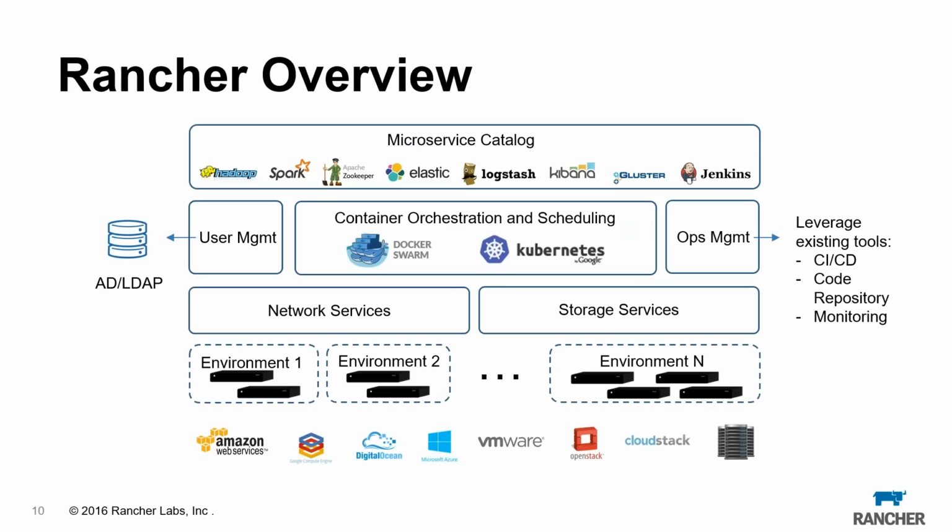If you think of Rancher, the best way to think of it is basically a management platform that consumes all of these hosts, allows you to group them into environments, and define who can access those environments. Within those environments, all of the critical infrastructure services like networking and storage are automatically taken care of. And then for the environment, you can choose whether you want that environment to use Kubernetes, Docker Swarm, or Rancher's own cattle orchestration, and there'll probably be more coming in the future.